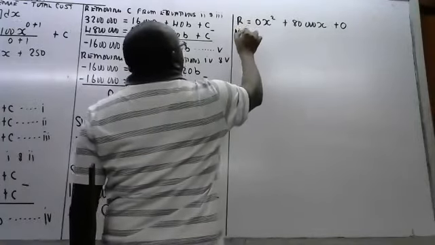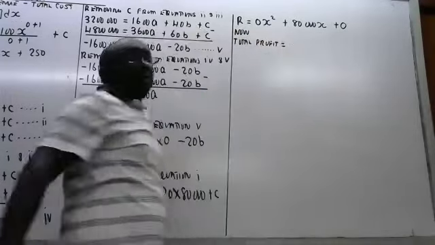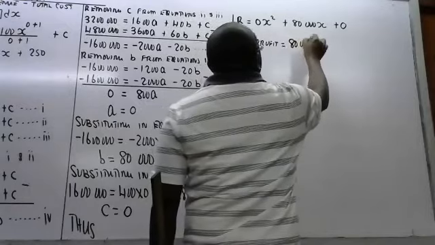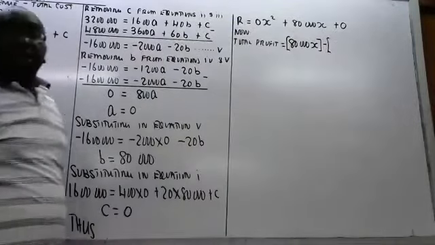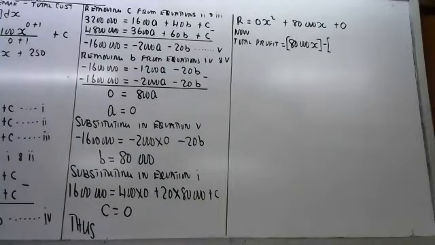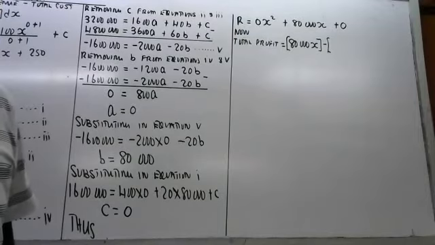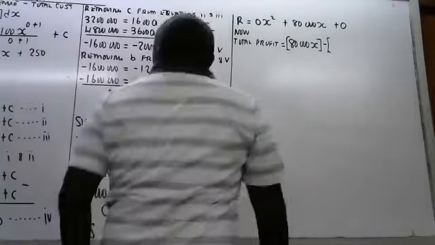So now, total profits. Total profit should be equal to our revenue, which is 80,000x, minus the cost function that we had gotten. Now this one was in thousands.